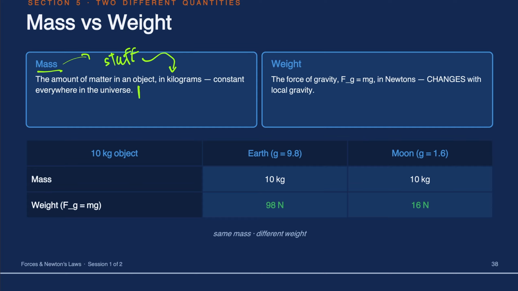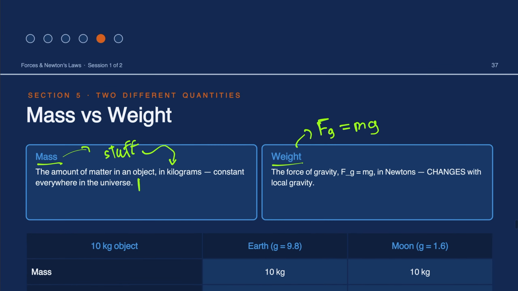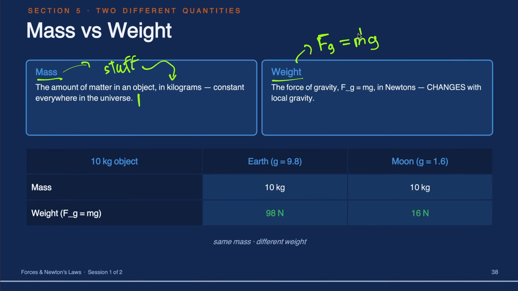But weight is actually the force of gravity, which, if you remember, was mg. So your weight is actually your mass times the acceleration due to gravity, which is 9.81 meters per second squared.